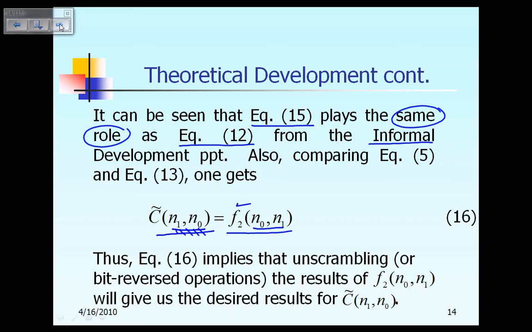Therefore, after you obtain f2, you have to go through the so-called reverse ordering, which we call the unscrambling process that we talked about earlier when we discussed the informal fast Fourier transform. Because the order here is n1, comma n0, and this is n0, comma n1, after you get f2, you have to reverse the order of the bits in order to get it into the right order.